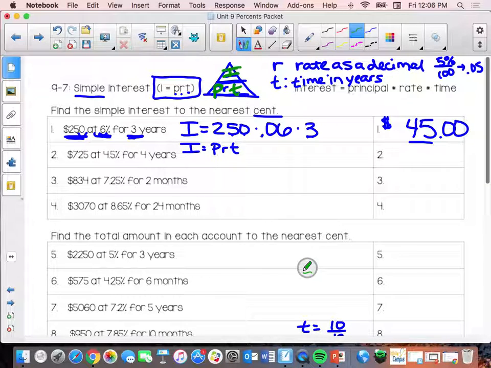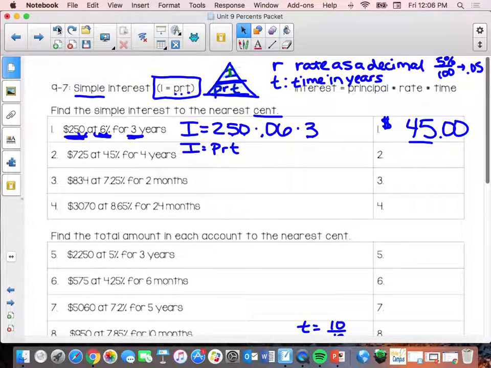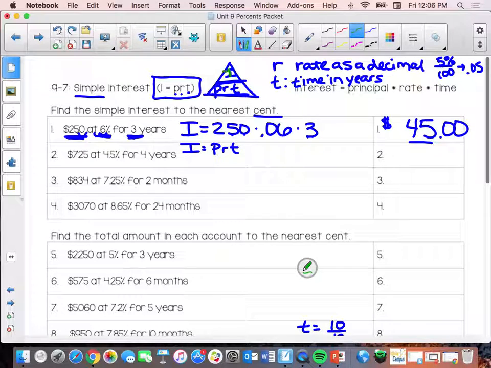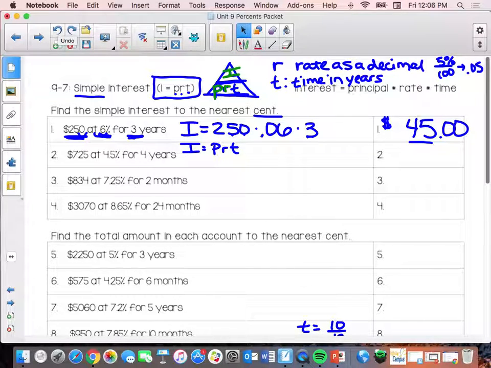If you have an interest, you'll have to divide the interest by any two of these that you have. Let's say that I don't have the time. Let's say that I have the rate. So if I have the rate, I would just have to take the interest and then divide by the principal times the rate instead. So any two on the bottom that you have, you would just multiply those together and then divide the interest by that number.